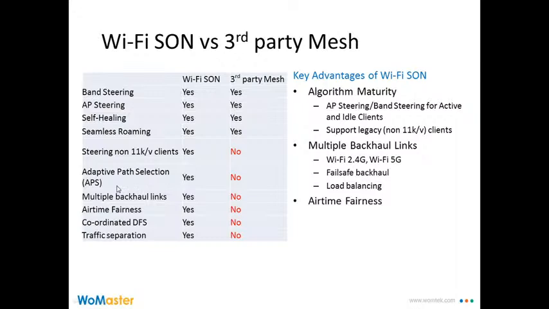It can help to find the best path, multiple backhaul links, and more. With these features, the WA512GM can provide higher performance and better network utilization.